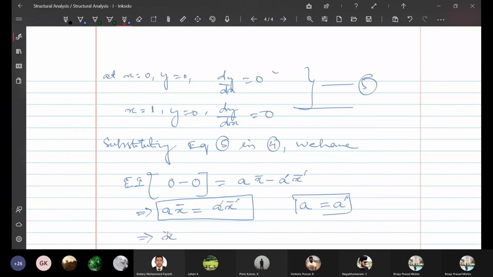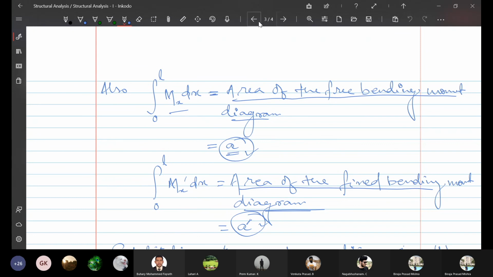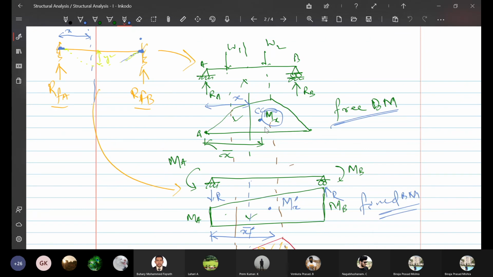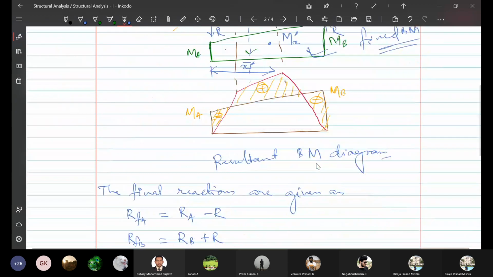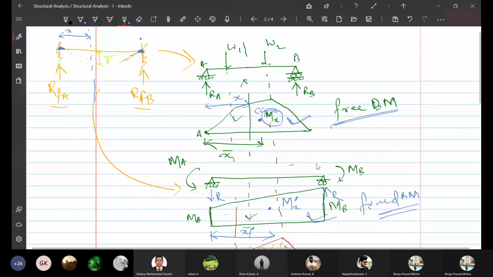So x bar equals x bar dash. That is, the centroid of the free bending moment diagram and the fixed bending moment diagram will be the same. Okay, so this is the completion of this one.